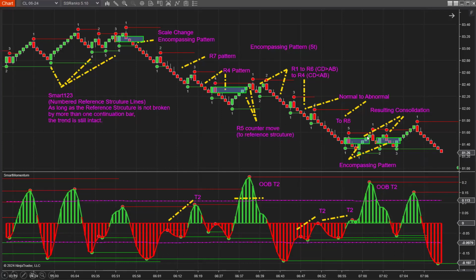So the way the encompassing pattern works is I drew boxes on these. So I've got a structure here, an R0 structure right there. Back-to-back reversal bars. And then I took out the high of it, and then I took out the low of it in one run. We call that an encompassing pattern.